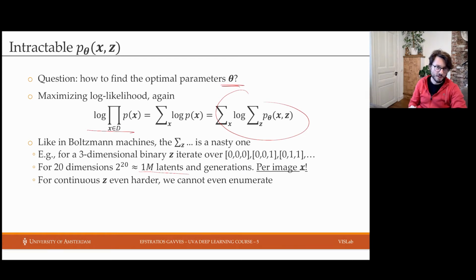That stands for a huge amount of computation that is not tractable. It's not easy to handle, and things become even more complicated when we have a continuous variable z, because in that case we cannot enumerate over all possible instantiations of z. In that case, we have to take an integral, and integrals usually make things even more complicated.